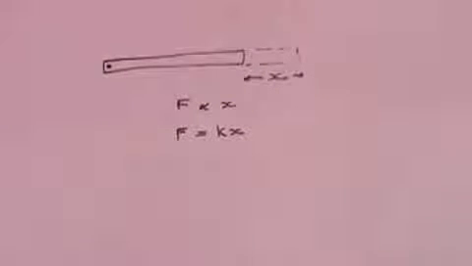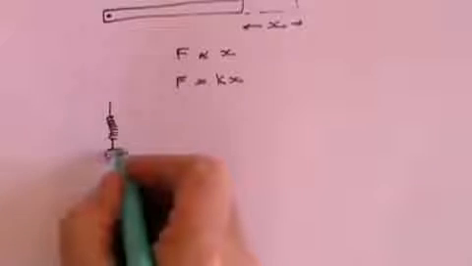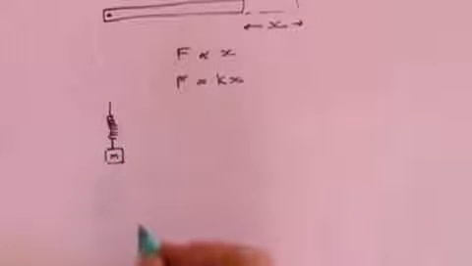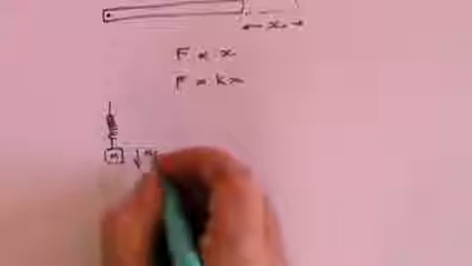And it doesn't only apply to elastic, it can apply, for example, to wire, or, as we shall see, to springs. If you take a spring and put a mass m on the end, that mass will exert a force mg, where g is the gravitational attraction.